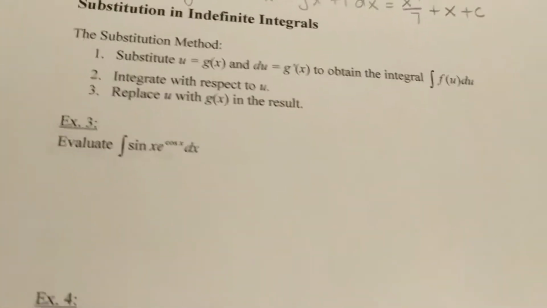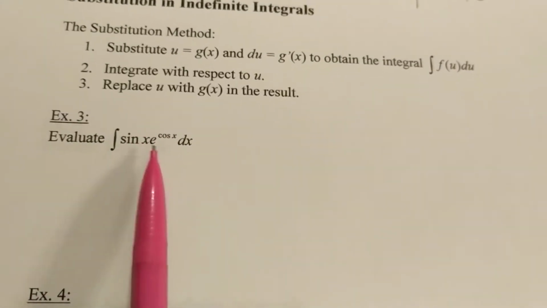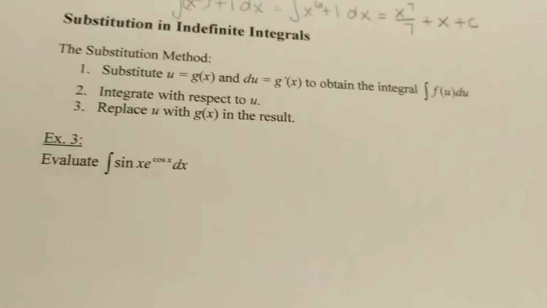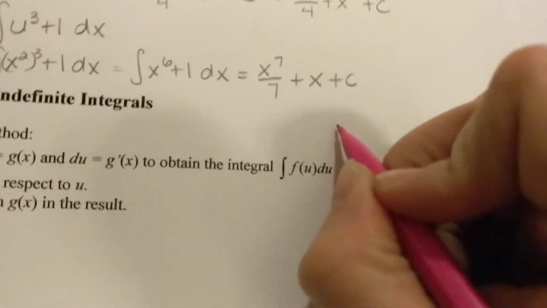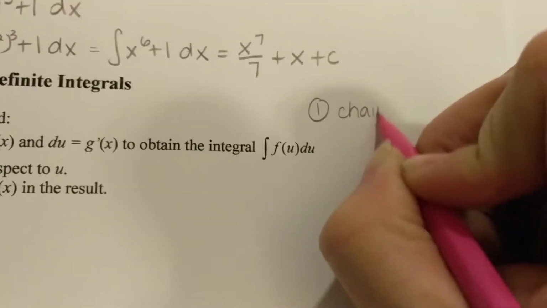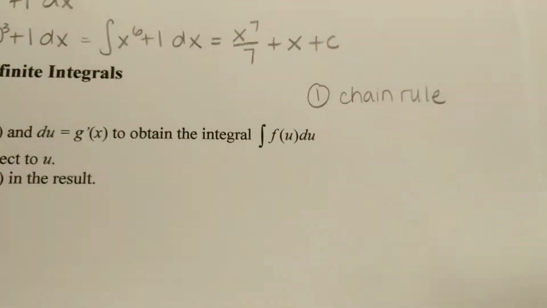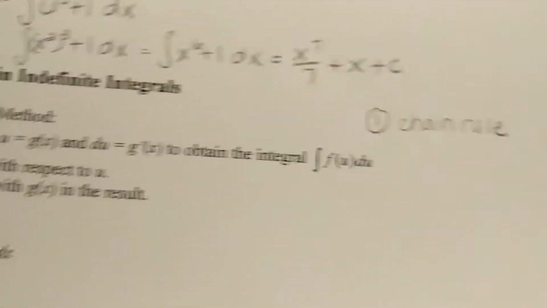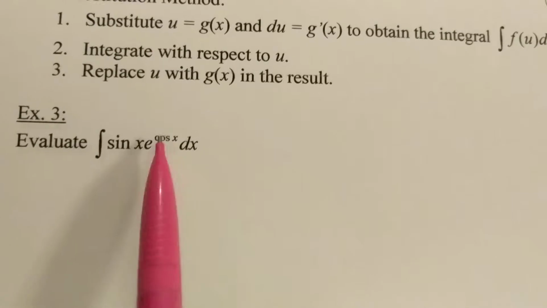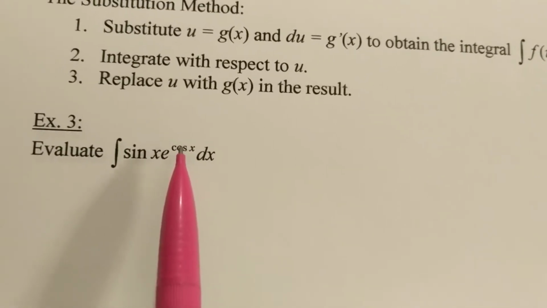So here's this first function, sine of x e to the cosine of x. Our one hint that we want to use for substitution, and we're going to keep a little tally going here, is that the first thing we're looking for is a chain rule. We're looking for a function inside of another function. So this one's pretty obvious that cosine of x is the function on the inside.